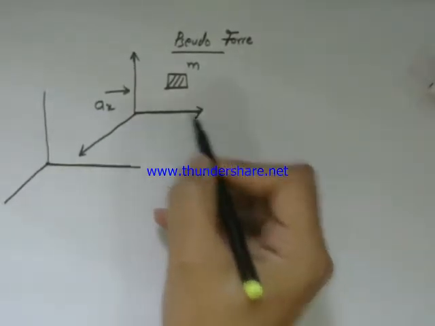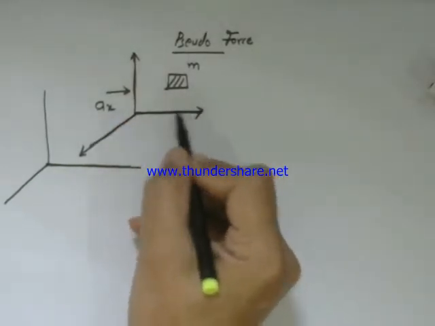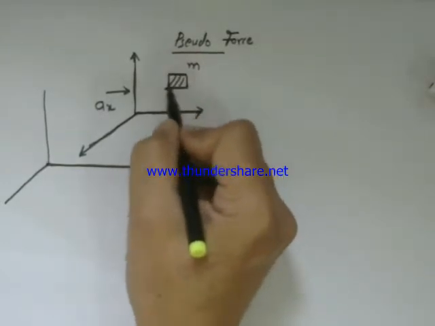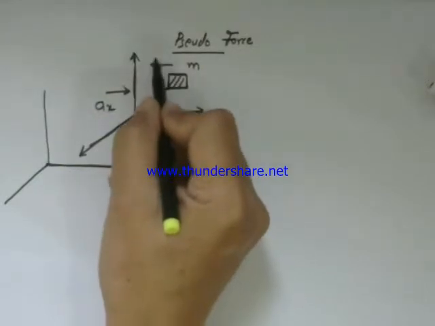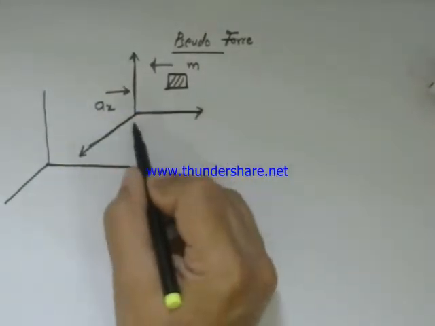Now in such cases where the reference frame is itself moving with an acceleration and there is a body kept in that reference frame, that body will experience a pseudo force which will be in the opposite direction to the motion of the reference frame.